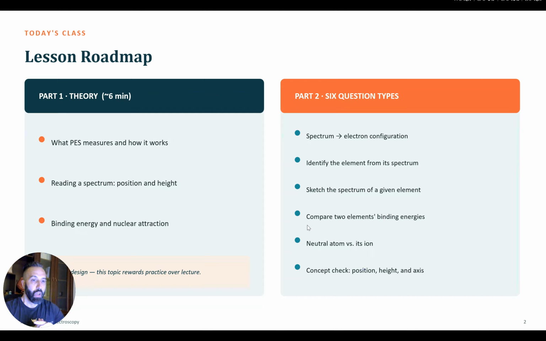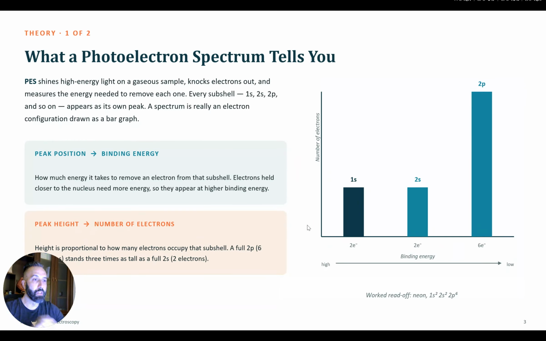So what is photoelectron spectroscopy? Well, it simply gives you a few pieces of information about whichever element we're working with. The first piece of information this gives you is the number of energy sublevels.